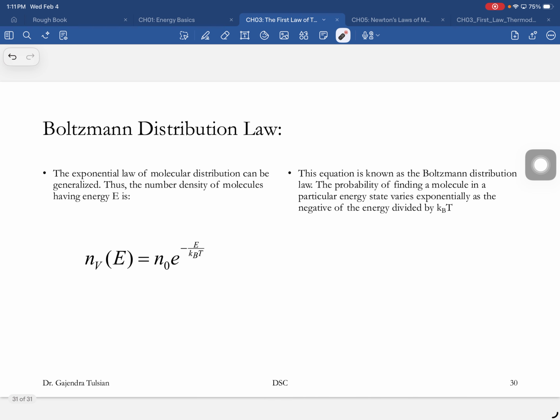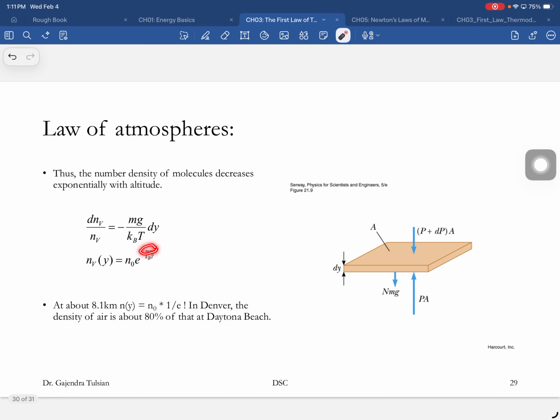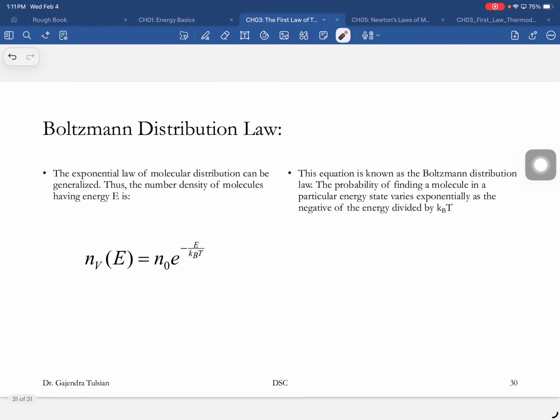Now, here's a very interesting formula. This is potential energy, and that's the temperature. So you can think of this as the probability of an energy level being occupied at a given temperature. As the temperature rises, higher energy levels can be occupied. So let's say a system has 2 levels.